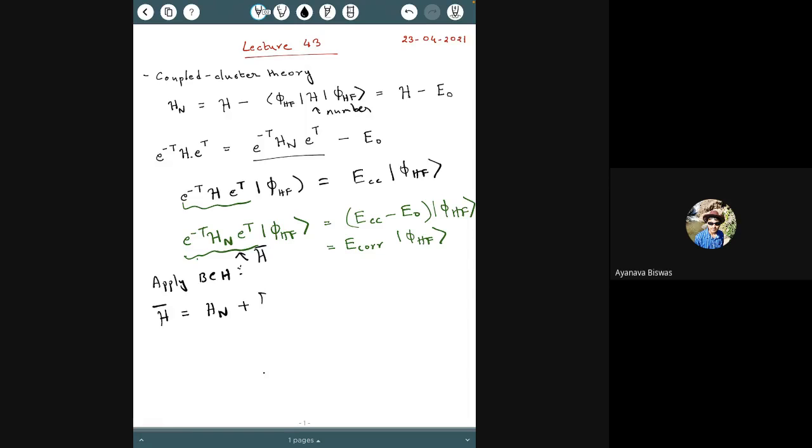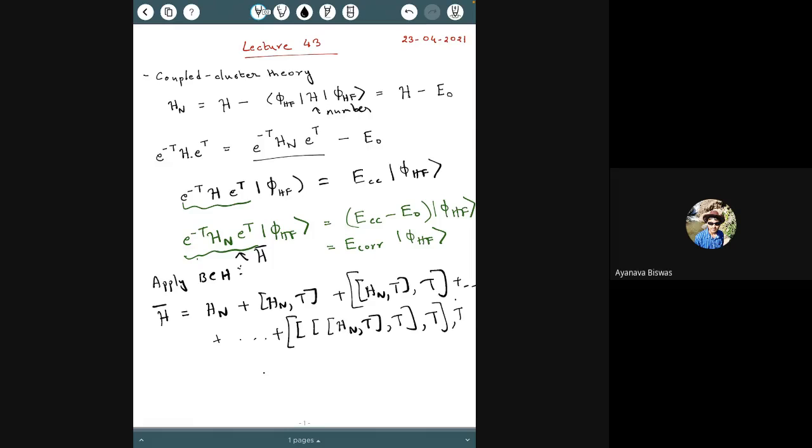So H bar is equal to Hn plus the commutator of Hn with T, plus the double commutator, etc. And Hn also contains at most 4 operators, so this also terminates at the quartic power of T. So that is Hn, Hn with T one time, two times, three times, four times.